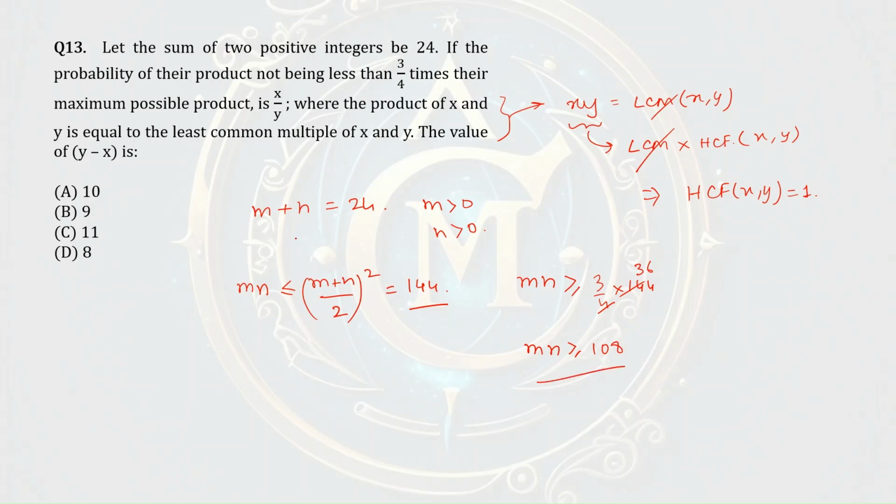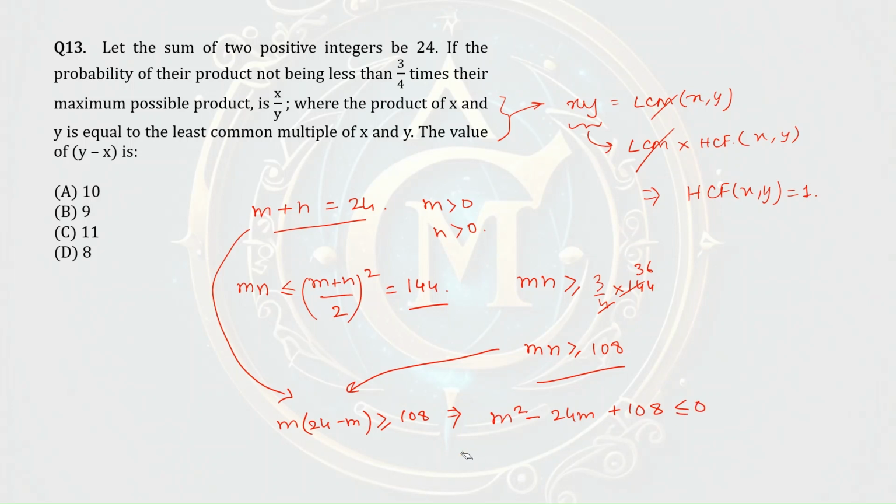Now from these two pieces of information we need to find the cases or the ordered pairs m and n. So from here we get m into 24 minus m should be greater than or equal to 108. That means m square minus 24m plus 108 should be less than or equal to 0.